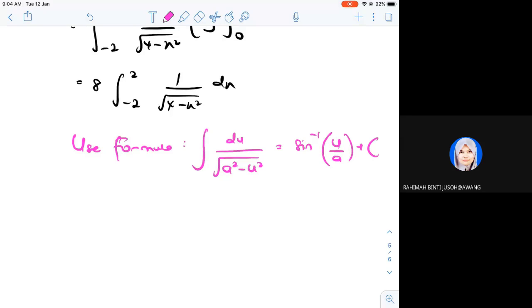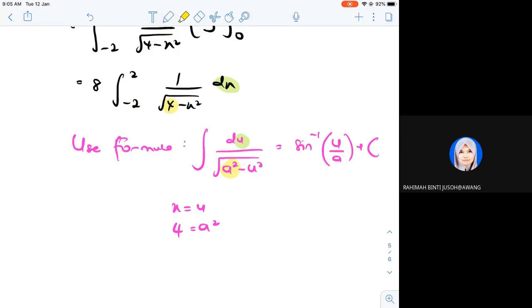Okay, so now jom kita compare. dx is actually du. So we have x equals to u. And then 4 equals to a squared, isn't it?